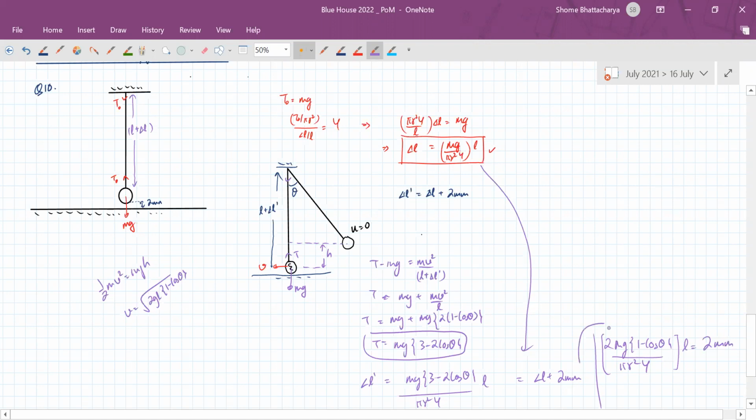This is what we'll get from this equation. Now you might have to use the binomial and small angle approximation here, in which case 1 minus cos theta will be theta square by 2. Okay, so hope the question is clear. Then let's move on to the 11th question next.